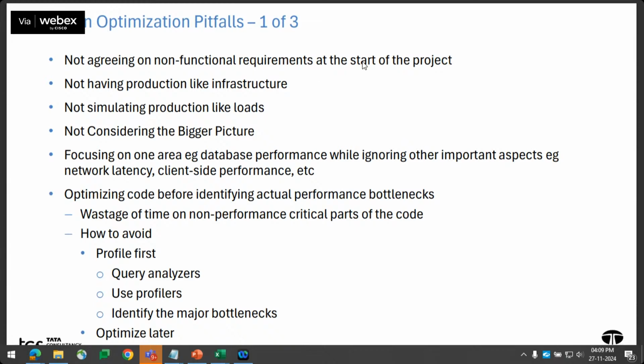So non-functional requirements also need to start off at the initial stages itself. And then there is not having production-like infrastructure for testing our application in the lower environment.